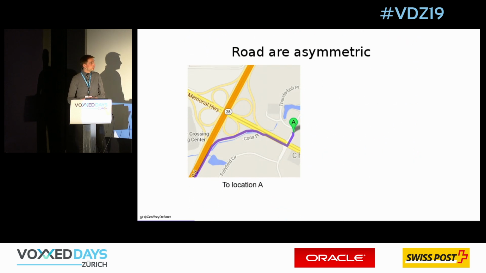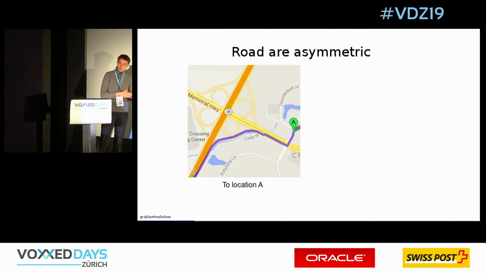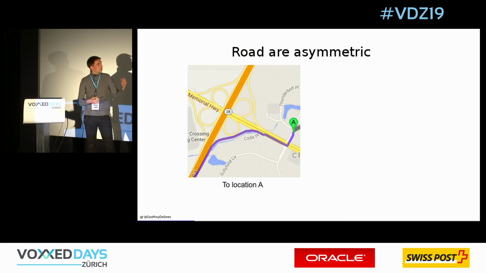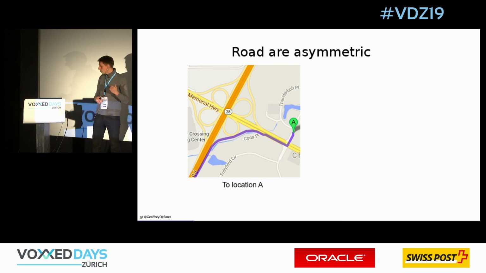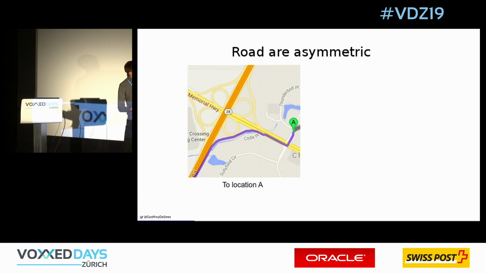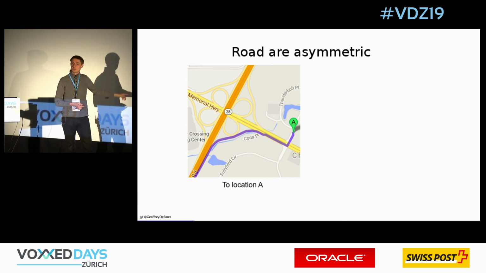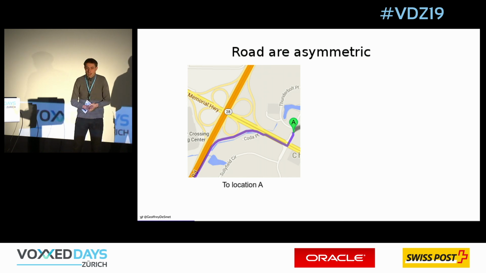Another thing we noticed is that roads are asymmetric, which basically means that if you drive from location A to location B, you don't have the same distance if you drive from B to A. So for example, here I'm driving towards A, I'm driving on the right side of the road. But if I would drive from A back on the same route in the other direction, I would have a problem because the cops would probably stop me for driving the wrong way on the highway, right?